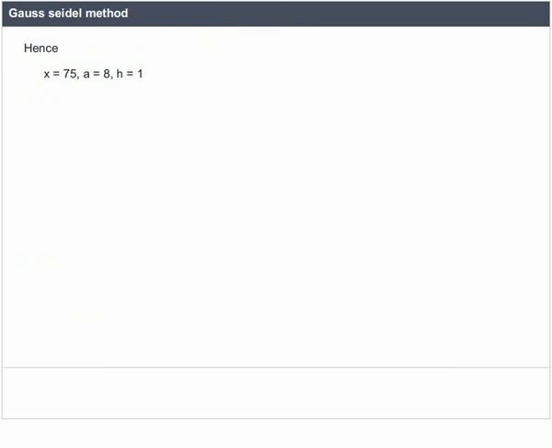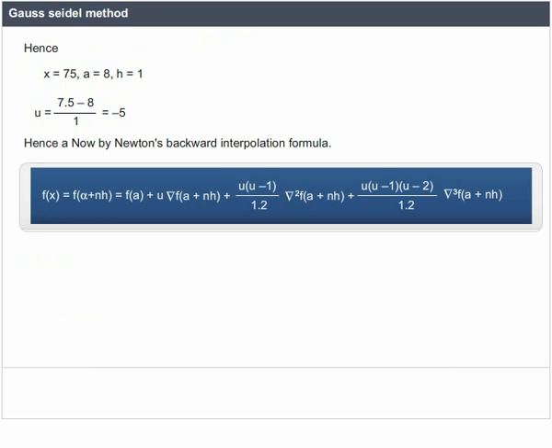Hence x equal to 7.5, a equal to 8, h equal to 1, u equal to (7.5 minus 8) by 1 equal to minus 0.5. Now by Newton's backward interpolation formula, f(x) equals f(a + nh) equals f(a) plus u ∇f(a) plus u(u+1)/(1 into 2) ∇²f(a) plus u(u+1)(u+2)/(1 into 2 into 3) ∇³f(a). Higher differences vanish.